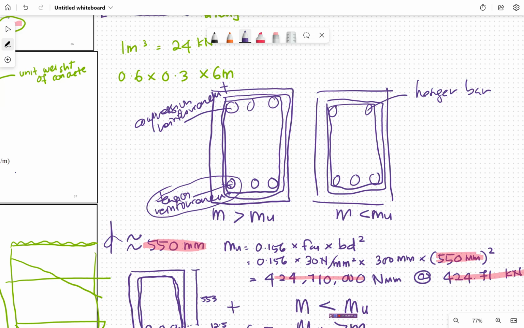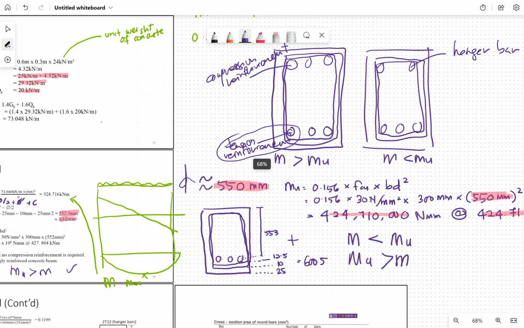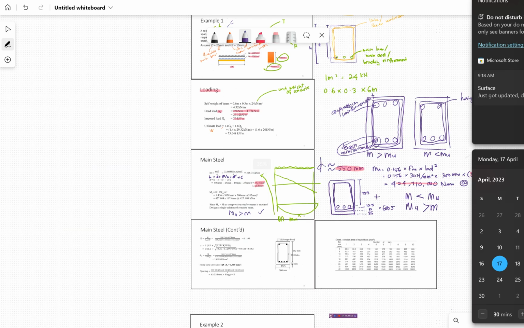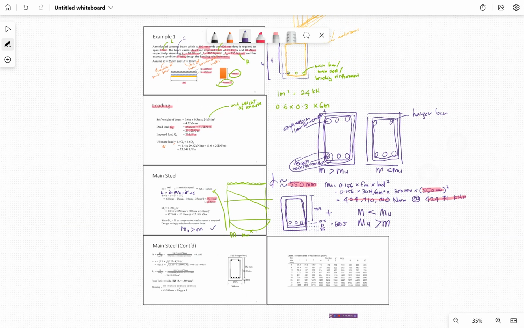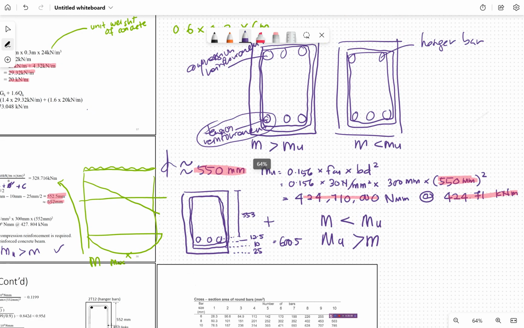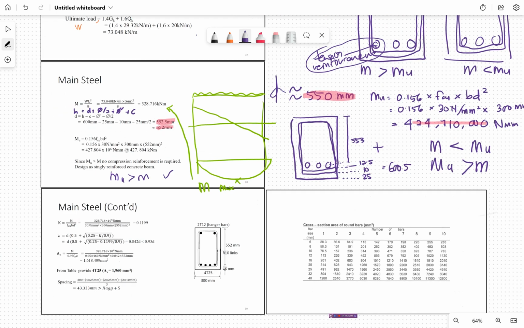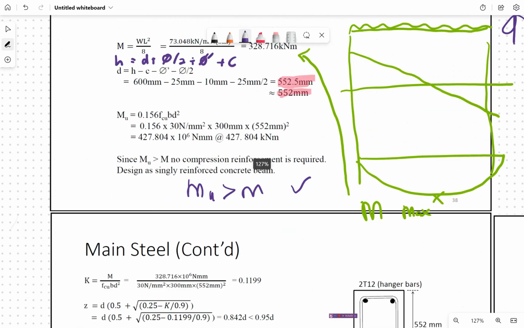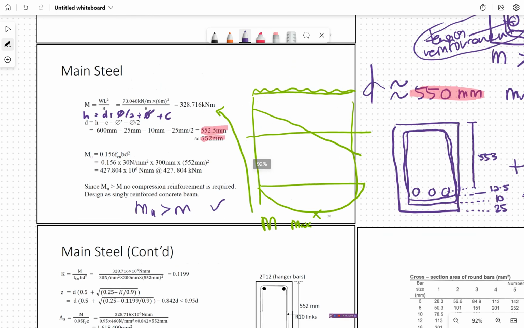Tapi in our case, we don't need, and according to your syllabus, you will not dapat M is bigger than MU. Right? So, kita mesti akan dapat M is less than MU. Unless dekat sini, you round down dia terlampau rendah. Okay, contohnya, you round down dia terlampau rendah. Value of MU ni akan jadi terlampau rendah.